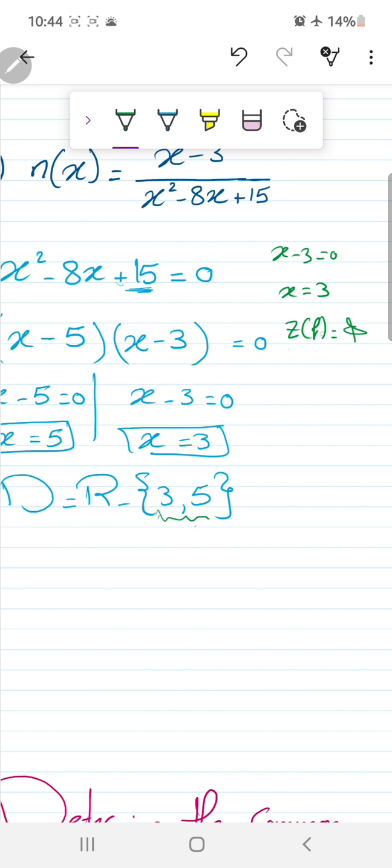As in this example, here we found x equals 0. The set of zeros is not equal to 3. Why? Because here the domain is R minus {3, 5}. It means 3 and 5 are in a black list. Okay? So we don't take 3 and 5.